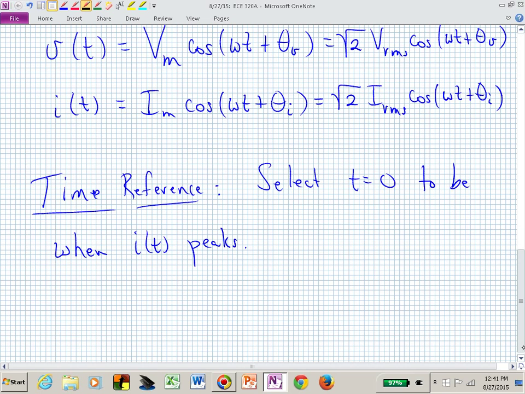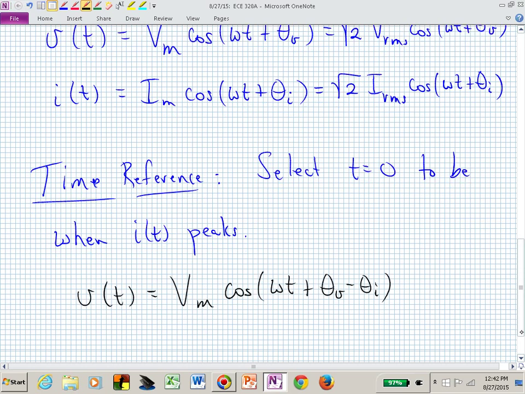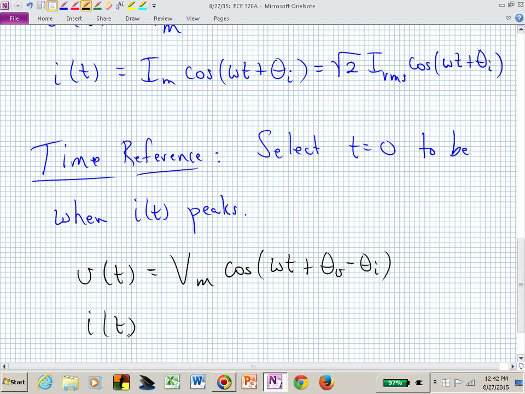That allows me now to rewrite these. I can say that v of t is now V sub m cosine omega t plus theta sub v minus theta sub i, and i of t is I sub m cosine omega t. Now the current is going to peak at time t equals 0.